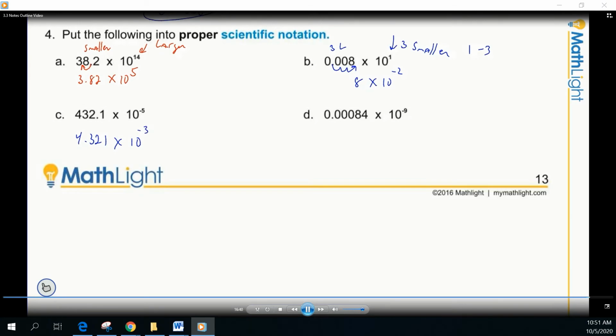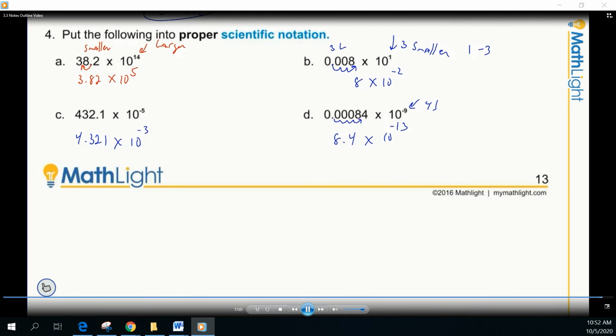So 2 larger from a negative 5 is a negative 3. In this one, 8.4 moved 1, 2, 3, 4. So I got 4 larger. I need to get 4 smaller. Again, we got to get more negative. 8.4 times 10 to the negative 13.